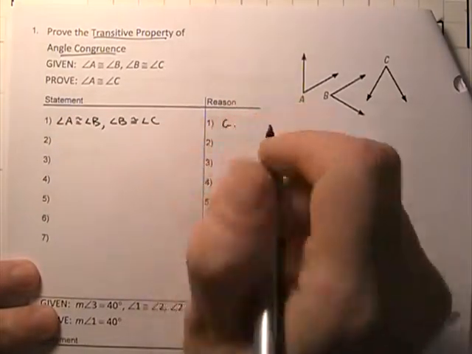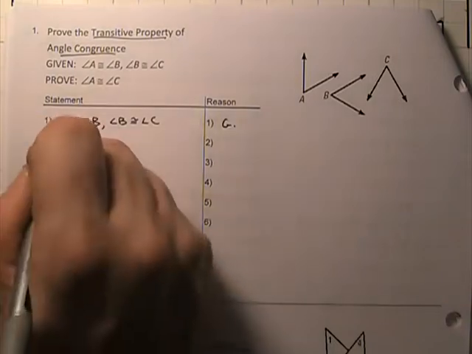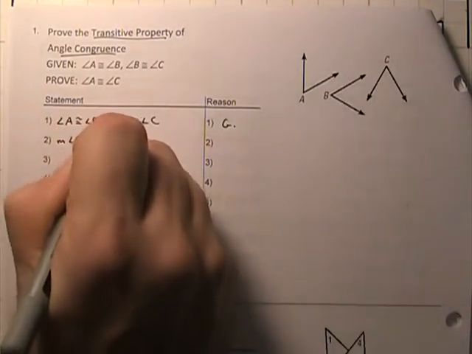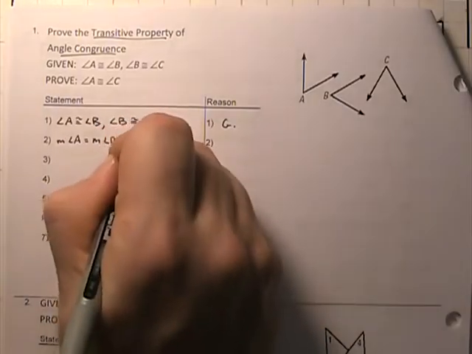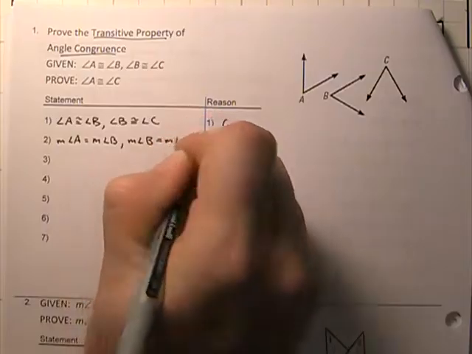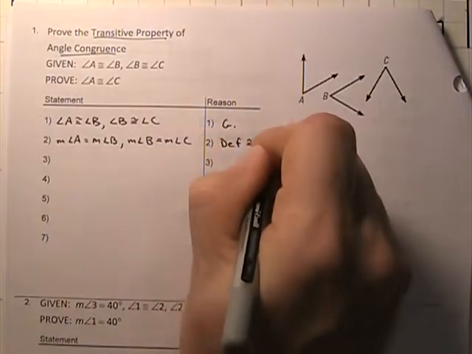So this has been given. Use the same strategy we were using for the segment, so we'll convert these to measures and use equality. Measure of angle A equals measure of angle B, and the measure of angle B equals the measure of angle C. That's a definition of congruent angles.